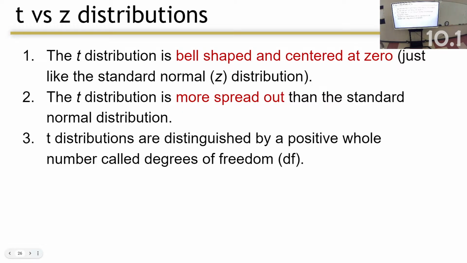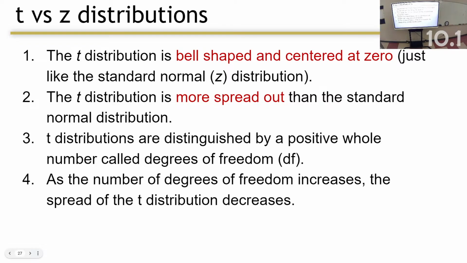The Z distribution is a Z. It's always 0, 1. 95% is always 1.96. 90% is always 1.645. 99% is always 2.576, or whatever those numbers are, right? Those are always there. T's are going to change depending on what these degrees of freedom are. We can abbreviate degrees of freedom with DF.